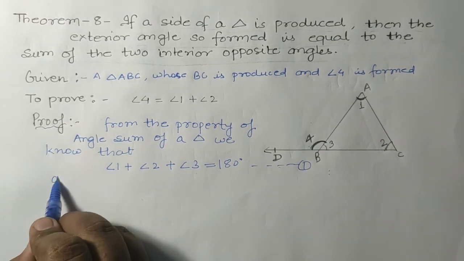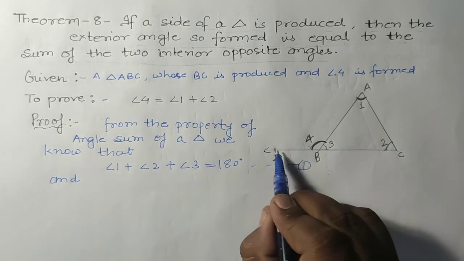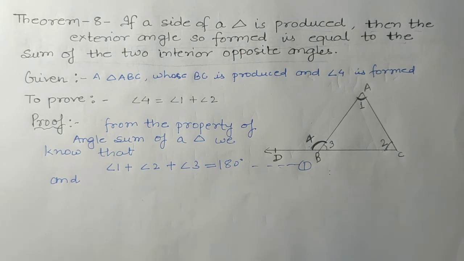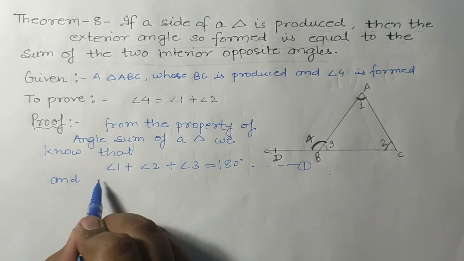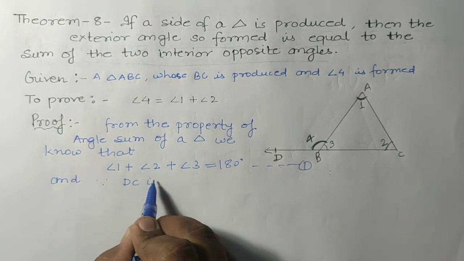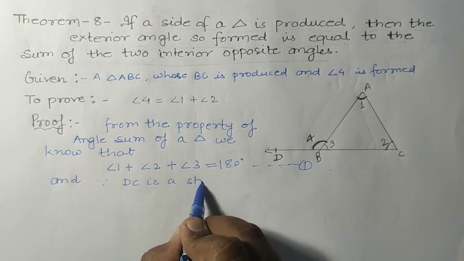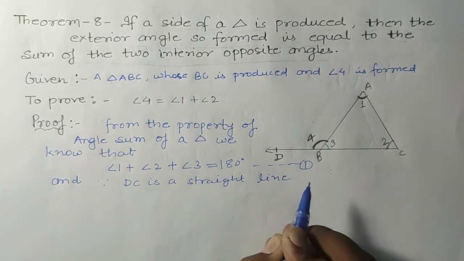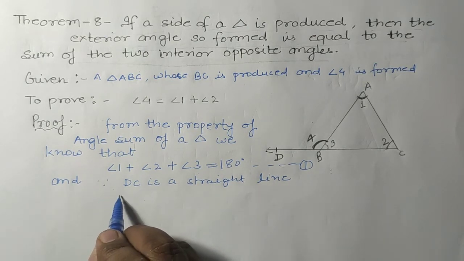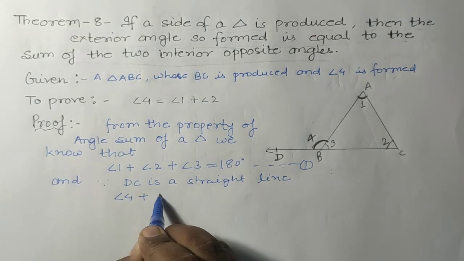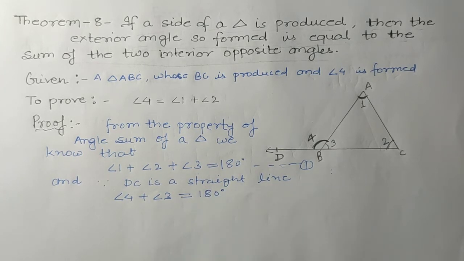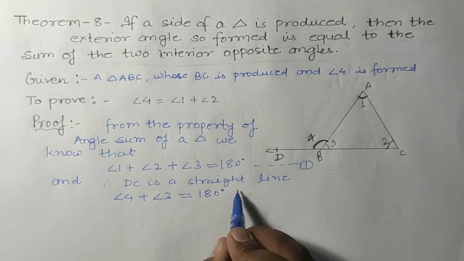And see, this is a straight line. DC is a straight line. Since DC is a straight line, we can write that angle 4 plus angle 3 should also be equal to 180 degrees. What is the reason behind it?